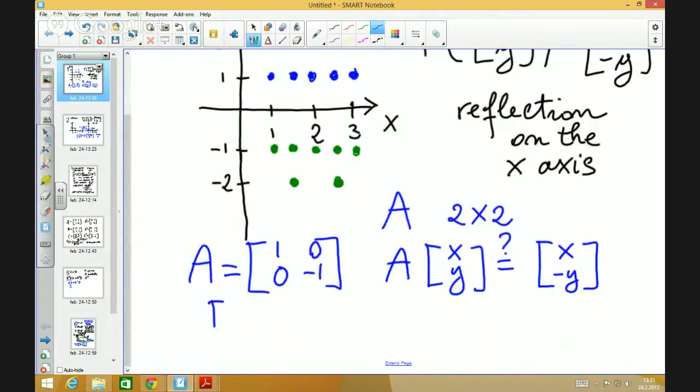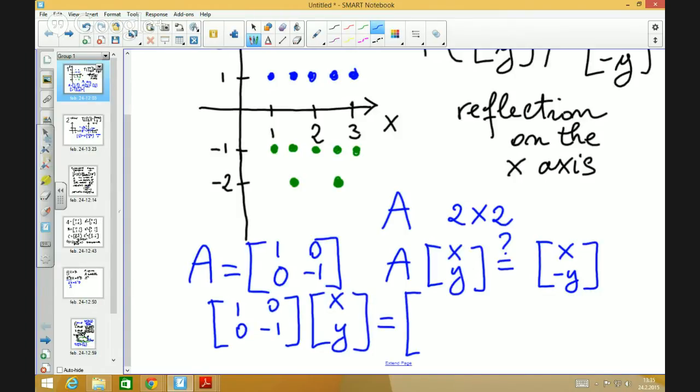What is [[1, 0], [0, minus 1]] times (x, y)? Well, we multiply the first row, we do the dot product, as we will see, with (x, y). So we get 1 times x plus 0 times y. We get x.